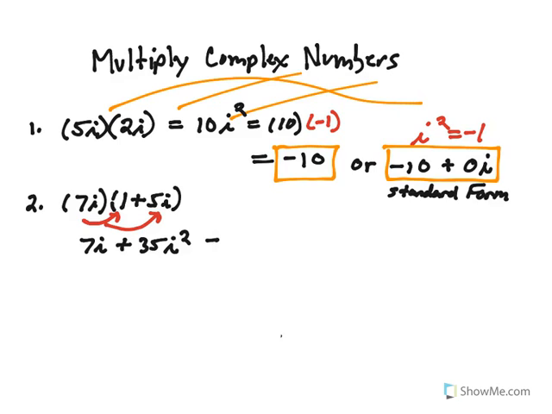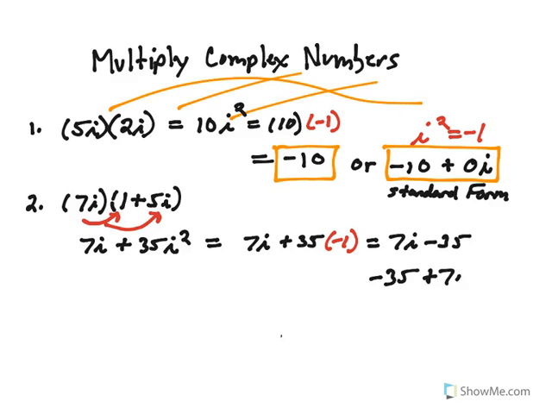So when we do this, we have 7i plus 35, and replacing i squared with negative 1, what this simplifies to is 7i minus 35, because 35 times a minus 1 is negative 35. Of course, we're going to write it in standard form. So we're going to write minus 35 first, then plus 7i second, and then that would be your standard form that we should probably write it in. Okay?